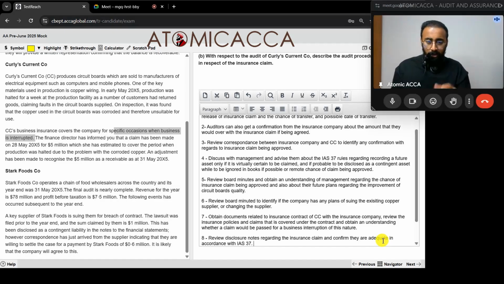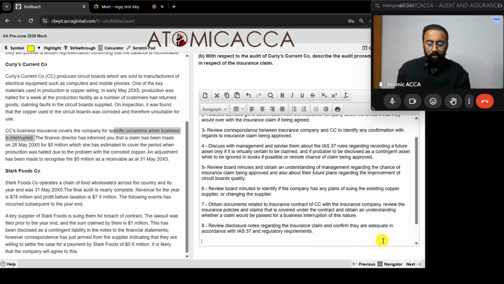It's not mandatory that you write the accounting standard number. You can just write that it is in accordance with IFRS, or in accordance with financial reporting standards, or in accordance with the accounting standard IAS 37 and regulatory requirements. So anything you can write.